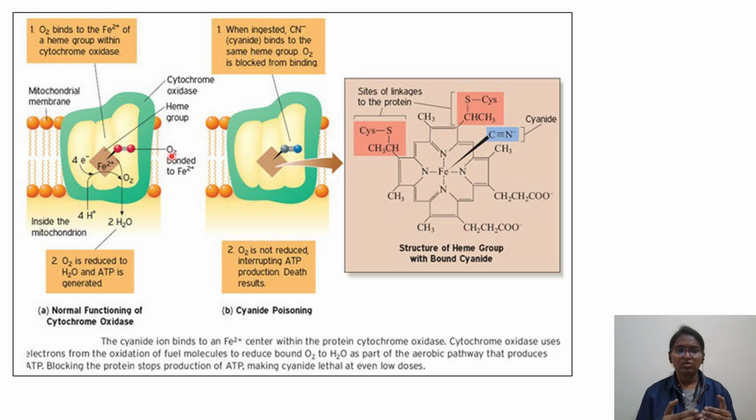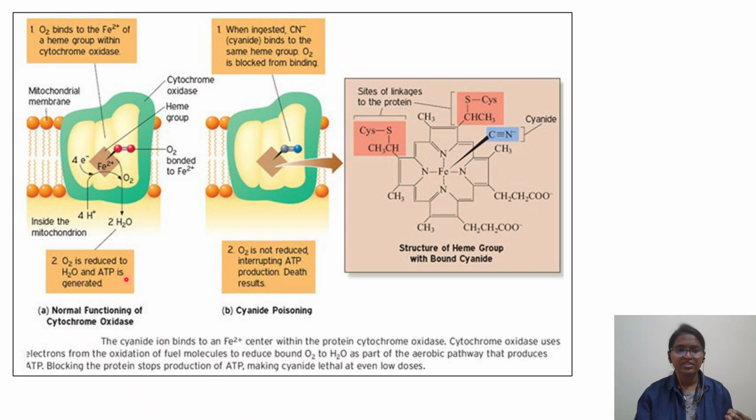In the cytochrome 4 complex, we have a heme group in which Fe+2 is present. This is your cytochrome oxidase. Here the green structure is the heme group, in the Fe+2 state. Oxygen will go and bind to this Fe+2. As a result, ATP is generated, and molecular oxygen is reduced to a water molecule.